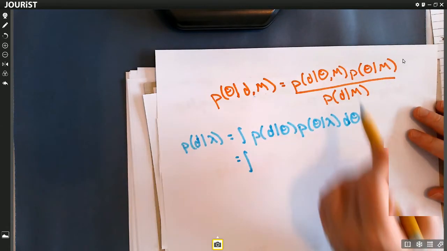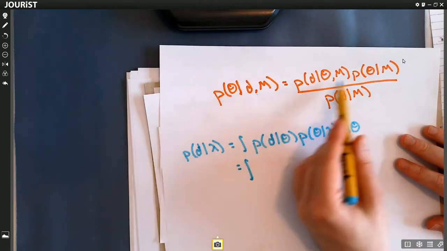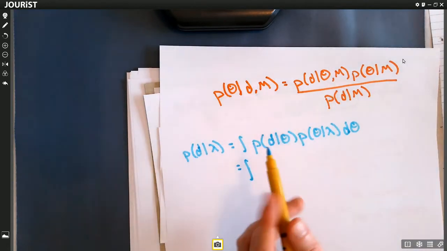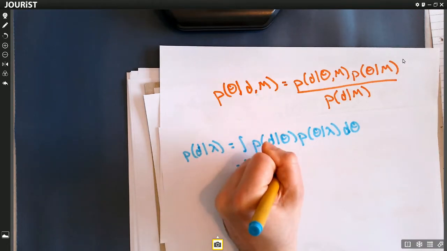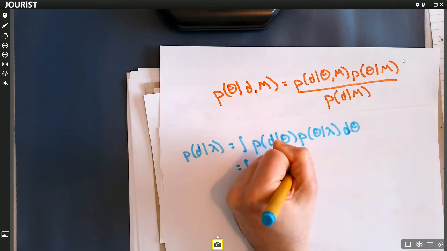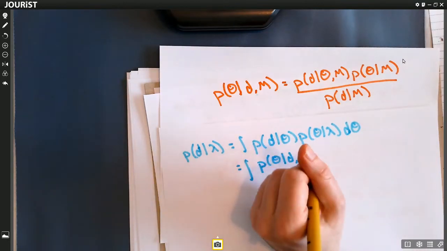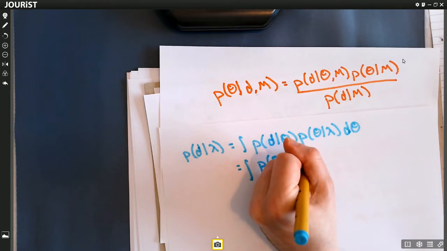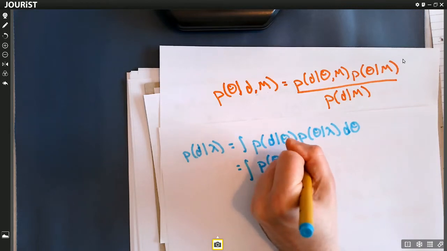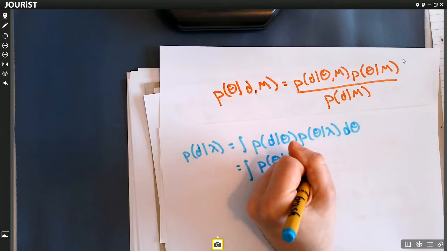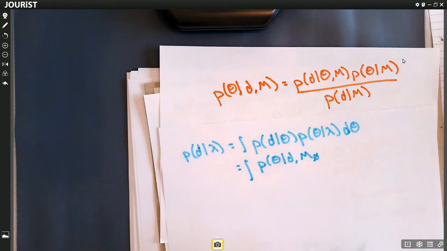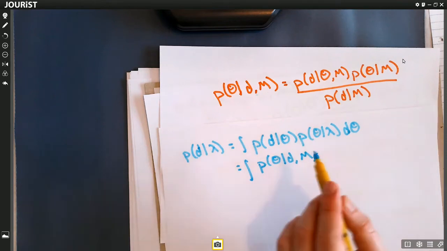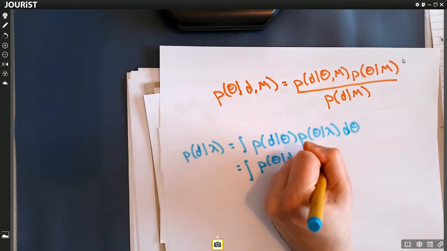If we rearrange our equation, we can write this out as the probability of theta given d, and I'm going to put in a default prior choice, which I'll denote here as m again, with a little subscript 0 to denote that it's our default model used in our LIGO-Virgo-KAGRA analysis, our uninformative priors, as opposed to our lambda model, which we're using for our hyperparameterization.